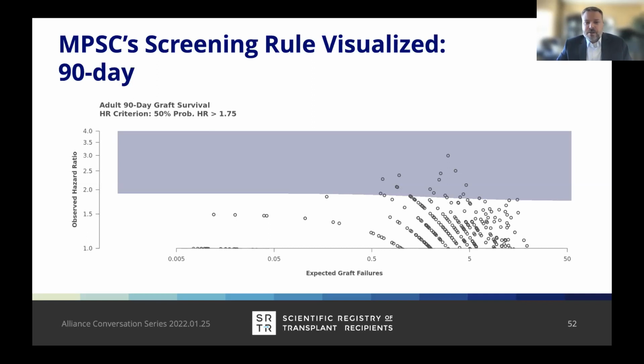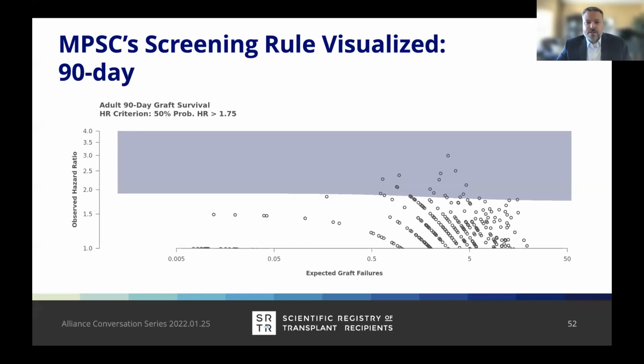I think one observation I would make here is they did raise this boundary a bit. So there are fewer programs being screened for post-transplant outcomes here than there were historically. Even though the boundary is at 1.75, we have that 50% certainty rule, right? We have to be at least 50% certain that they're that high or worse.